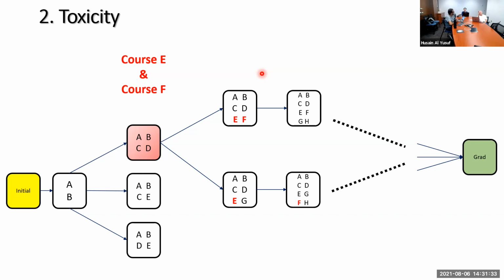So something to account for. You've got E and F together here. E has an impact on your grade in F, and vice versa, F on E, and they may not be the same. You are right.